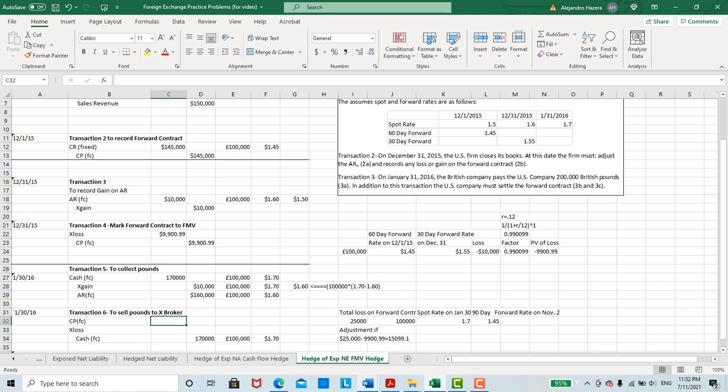The contract payable account has a balance of that plus 99099. So there's your contract payable account. That's just your balance.